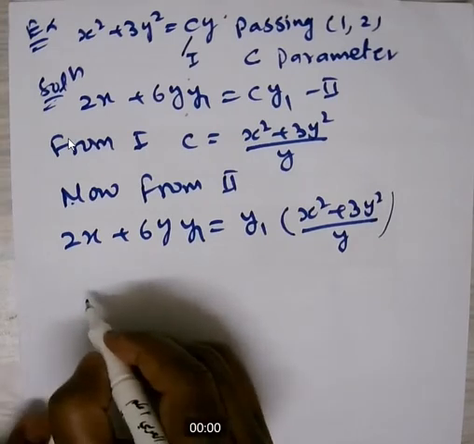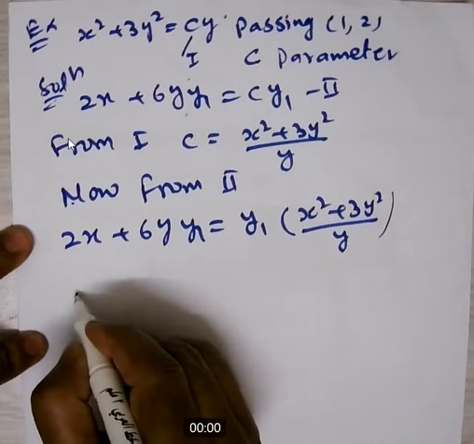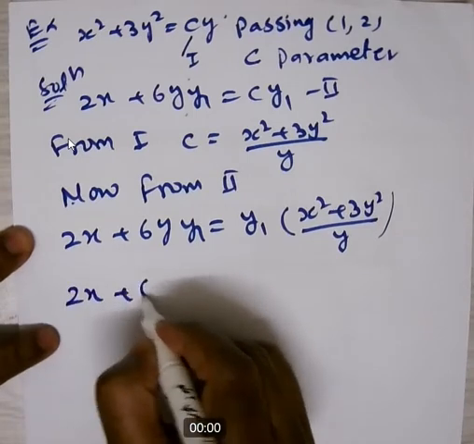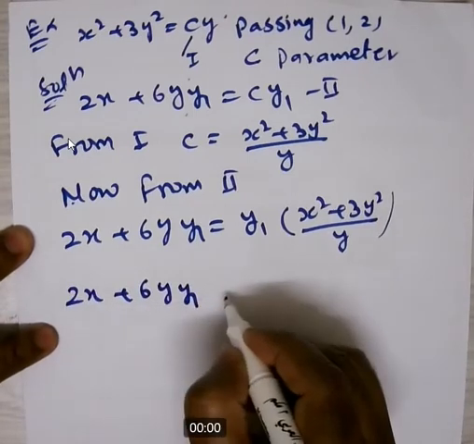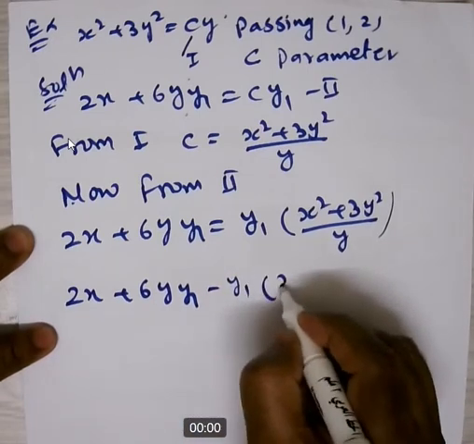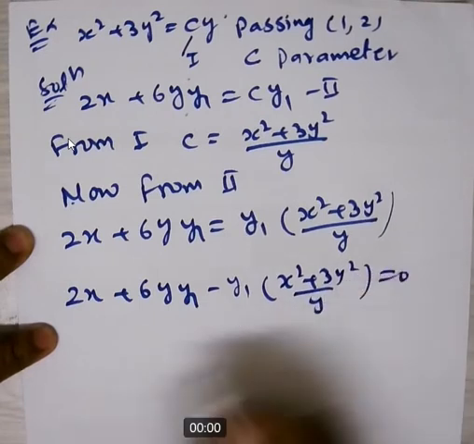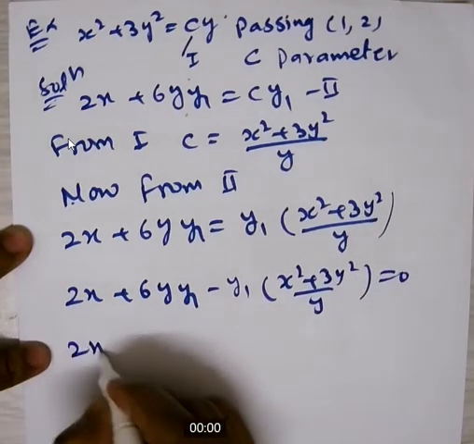So we can write it like 2x plus 6y y1 minus y1 times (x square plus 3y square) divided by y equal to 0, and keep y1 outside.